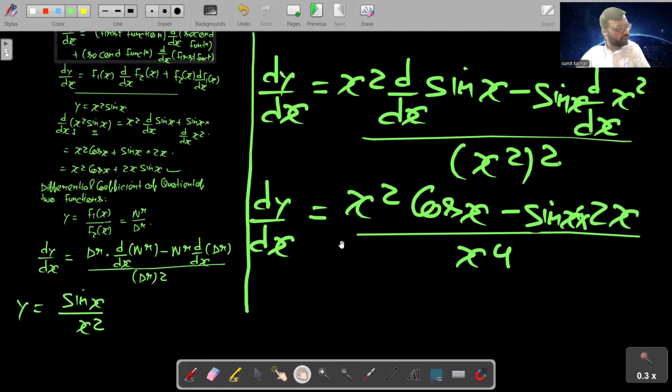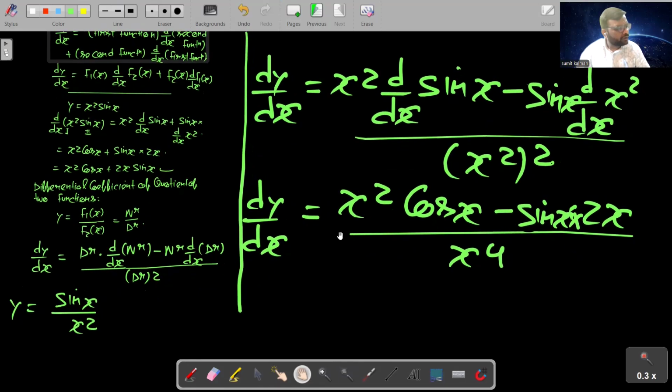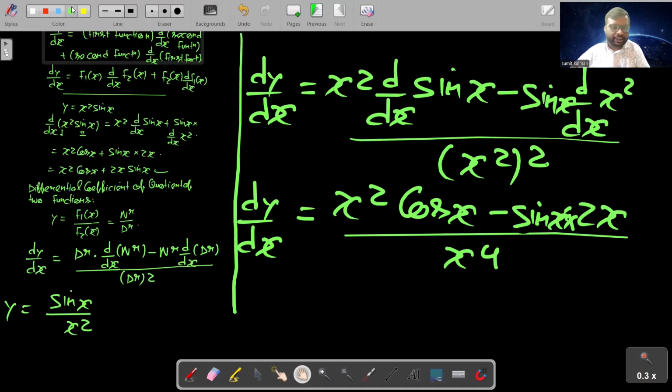Now students, here take x common in numerator and denominator.